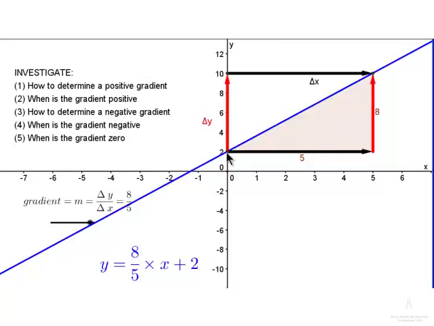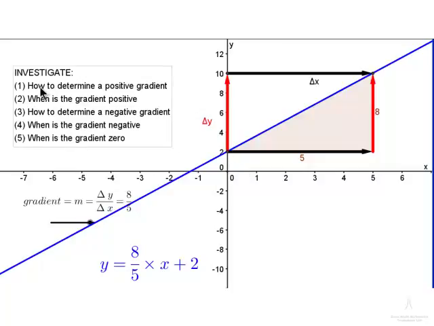Remember, we picked 2 points, and the one point that we will select will be the y-intercept, in other words, the point with coordinates (0, 2), and the other point will be this one. In this case it will have coordinates (5, 10). So you can see your delta y is 8, while your delta x is 5, and that's why the gradient is 8/5. It's positive and it's still acute.